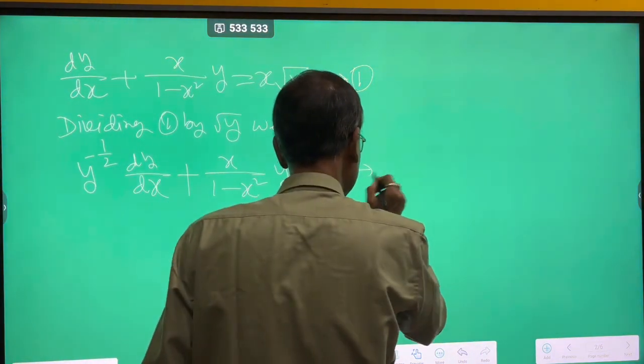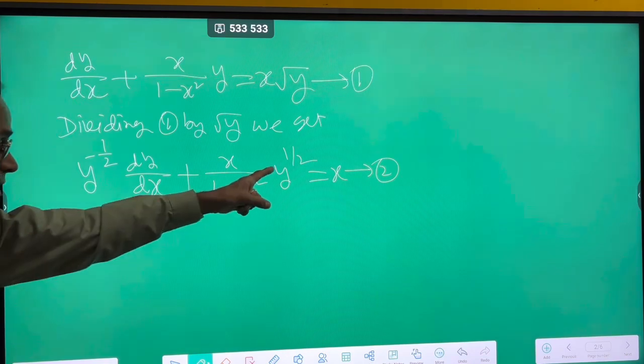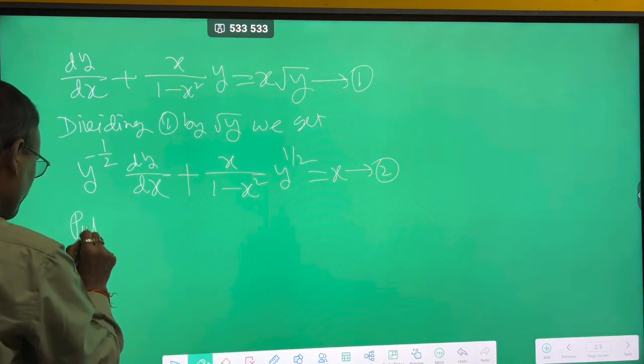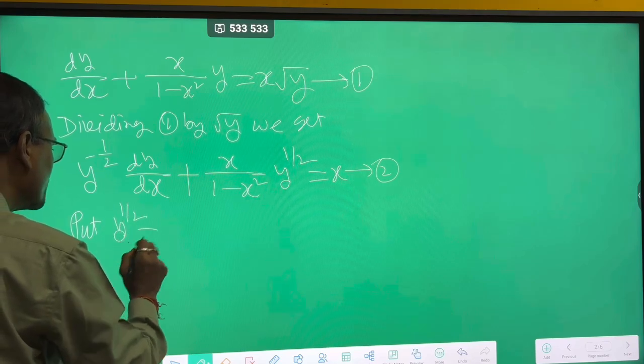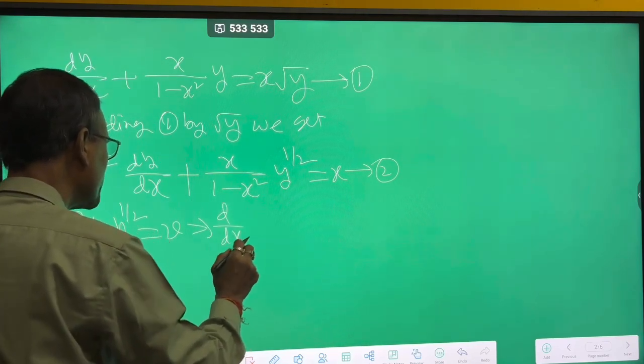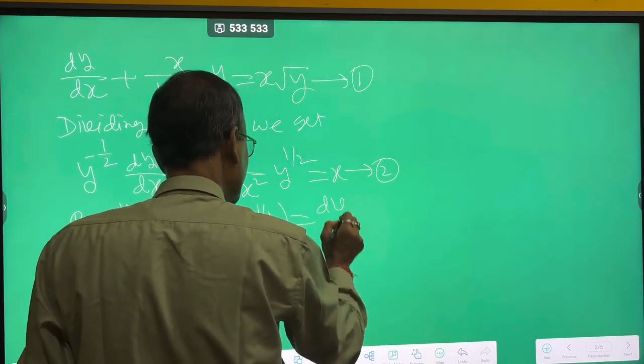Now what is your next step? The next step should be you put y to the power half equal to v. Now differentiate both sides with respect to x. This is equal to dv by dx.